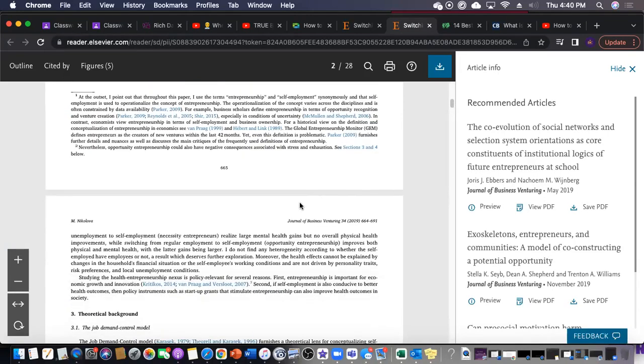Wow. So basically, they say being an entrepreneur or working for yourself has large mental health gains, with no overall health decline from switching from employment to self-employment. Both require physical and mental health, but mentally you have a large gain.